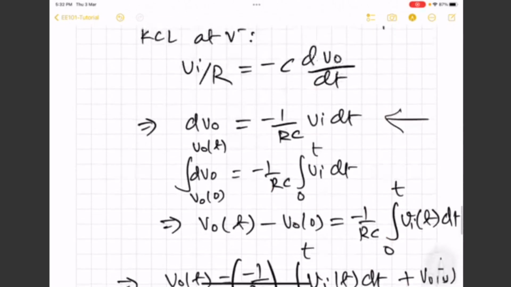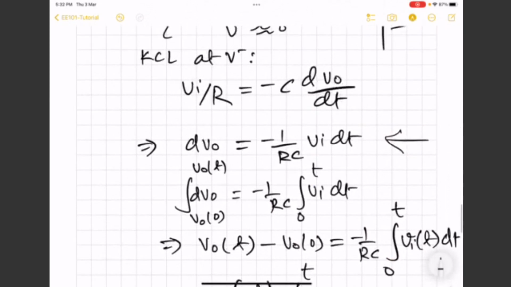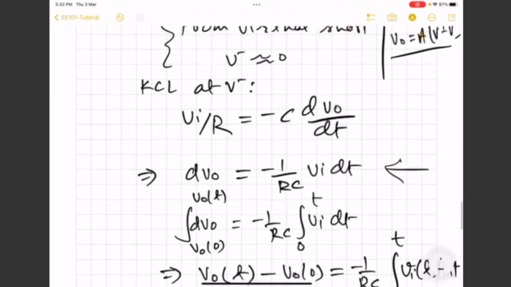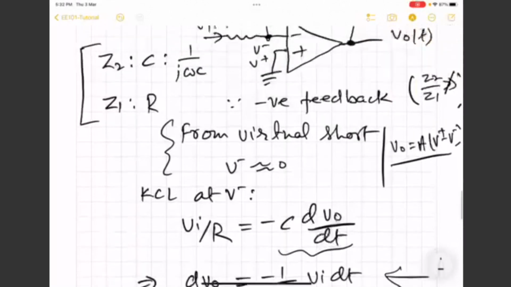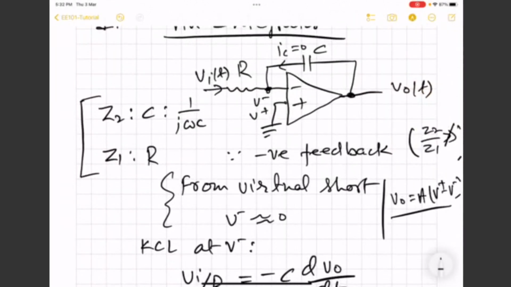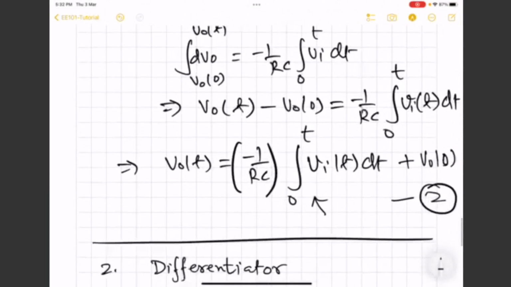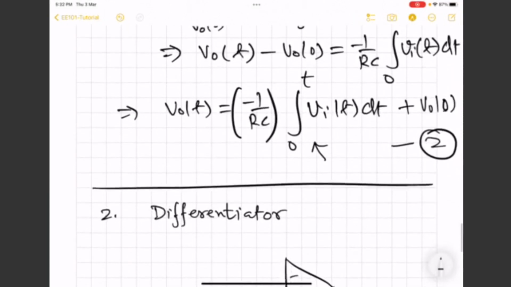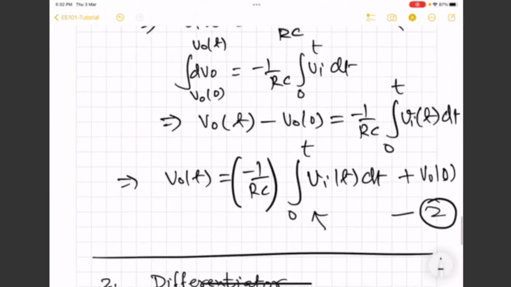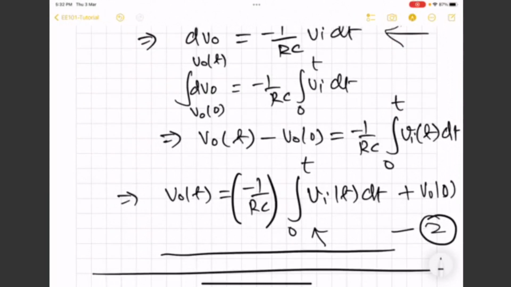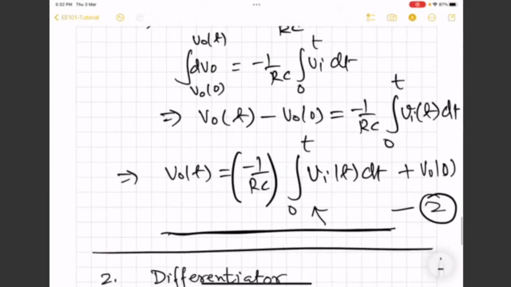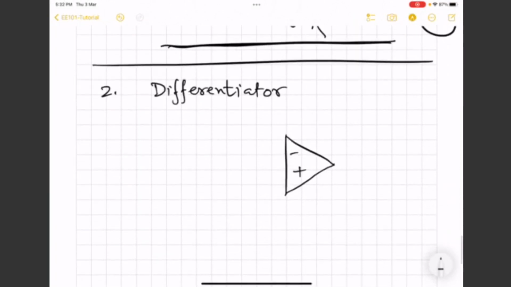Keep in mind that this operation of integration is arising because of the capacitor and because of the location from where we are tapping the output. We are taking output from here. So the Opamp is only allowing us to achieve this specific relation, not the integration process.